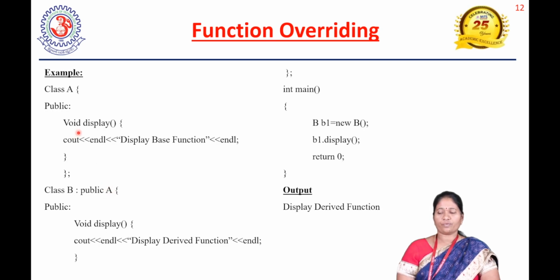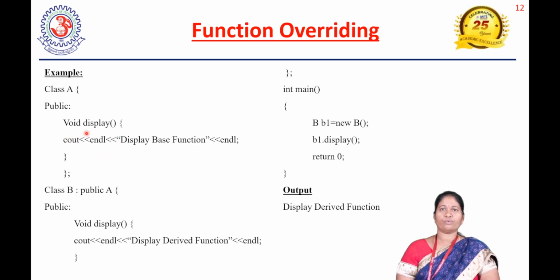Within this class B we have one function. Look at this function name and the base class function name: both have the same signature. The return type is void and the function name is also the same, display. Look at the arguments: here there are no arguments, and in the base class also no arguments, the same signature.